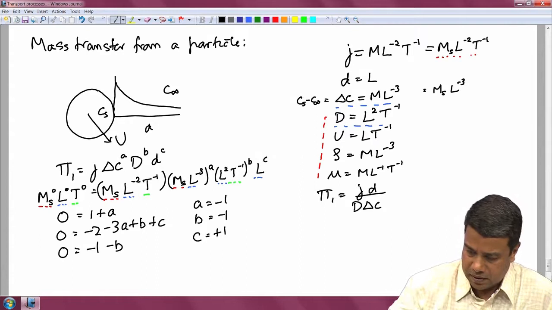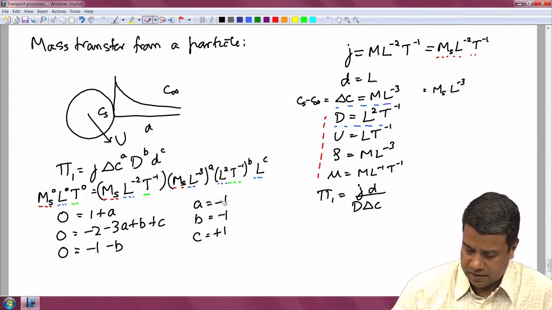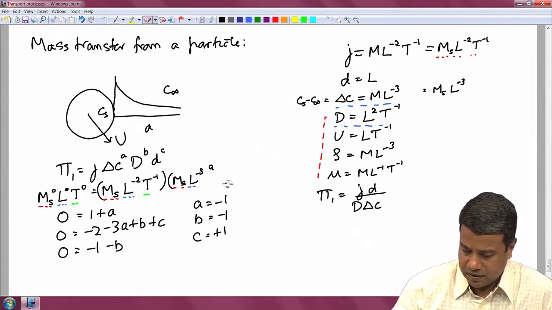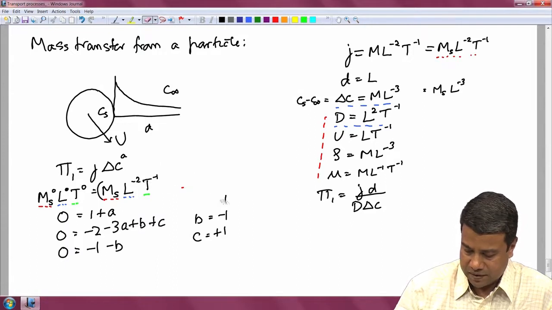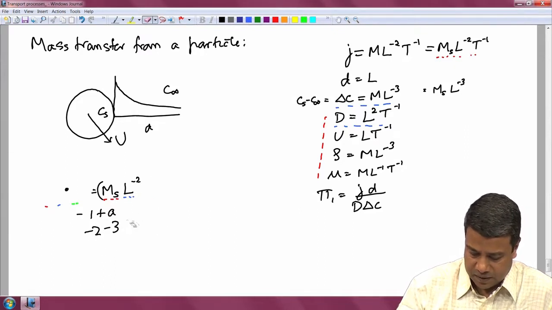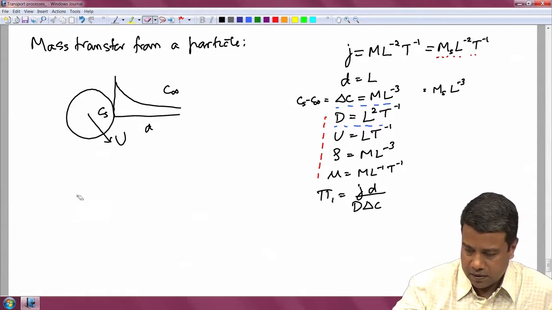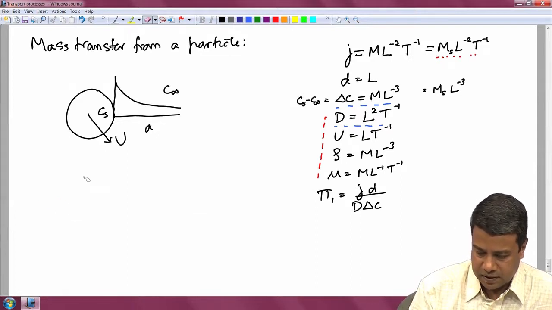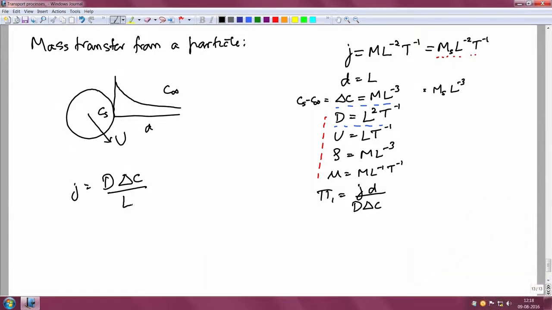And this also I could very well have known from just Fick's law of diffusion. Fick's law of diffusion states that the mass flux is D delta C by L. This is of course applicable only locally at every point within the fluid.